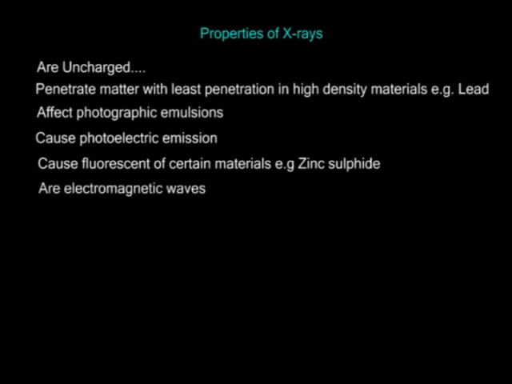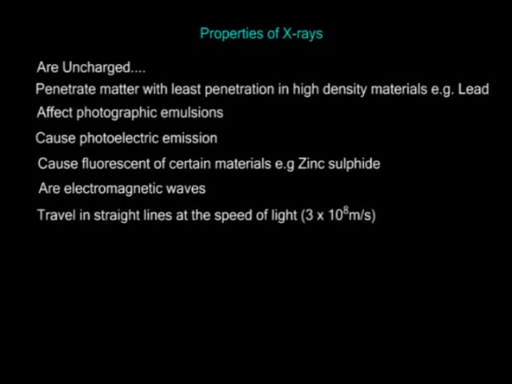X-rays are electromagnetic radiations of shorter wavelength than visible light. They can be plane polarized and diffracted, showing that they are waves in nature. X-rays travel in straight lines at the speed of light, 300 million meters per second.